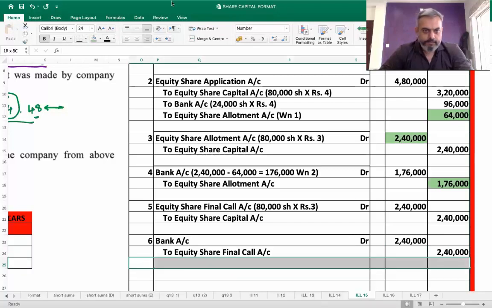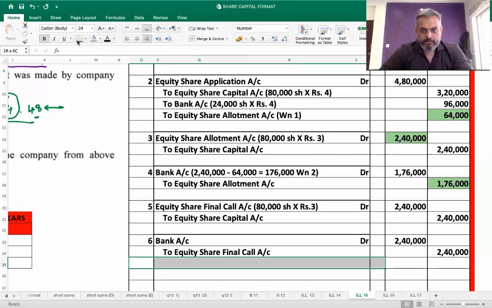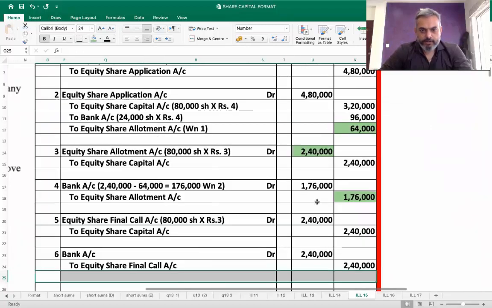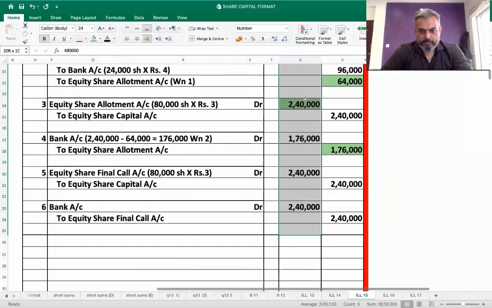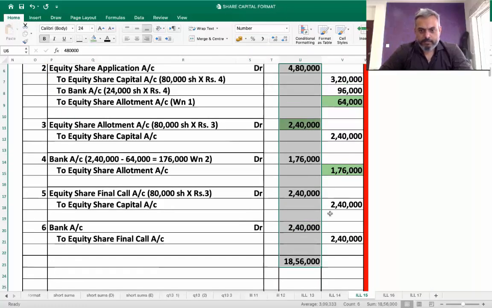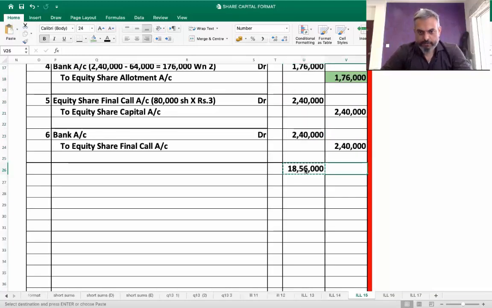Close it. And then let's do the totals. 18,56,000. So total. Double underline.